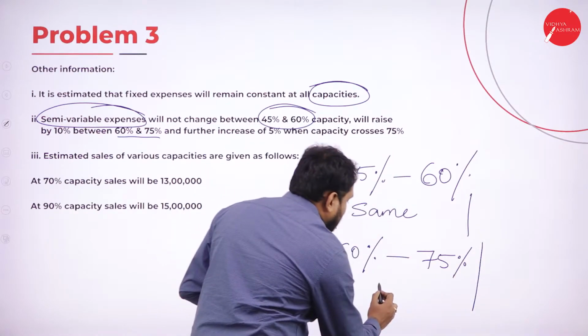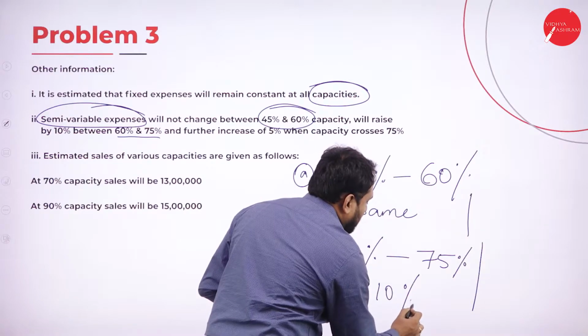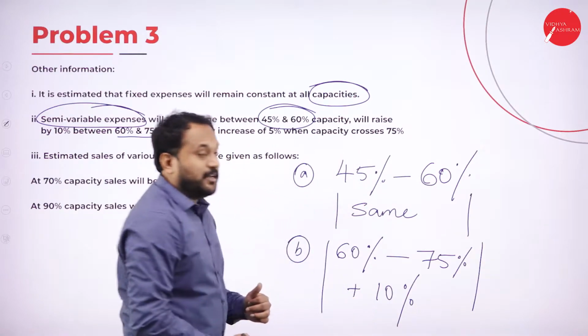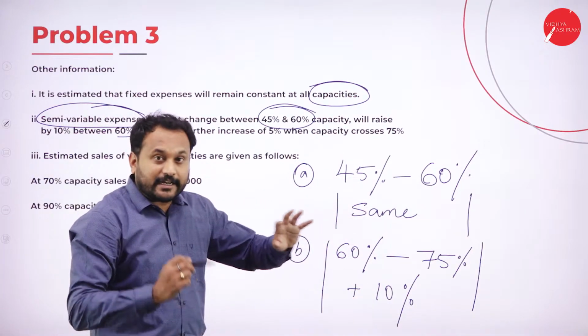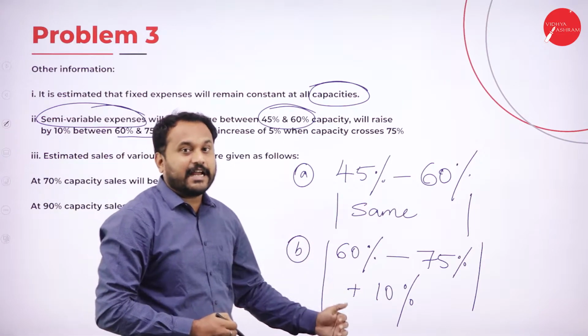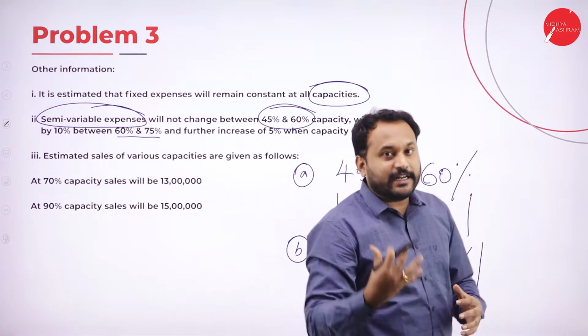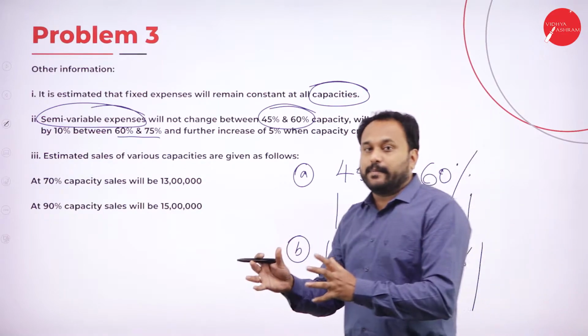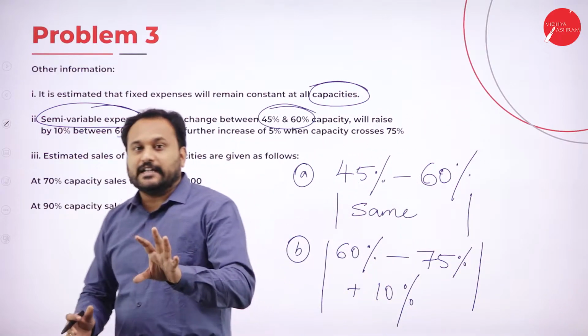Now semi-variable will change, that is, they will increase by 10%. See, if they say decrease by 10%, you are supposed to subtract 10%. If they say increase by 10%, you are supposed to add 10%. This is what the adjustment is.